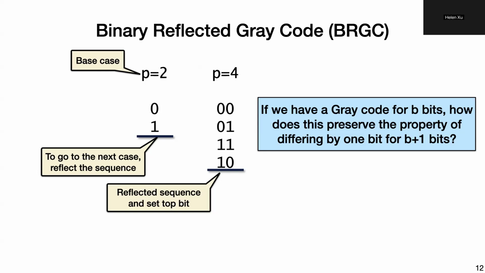But now you need to cover twice the range of the binary numbers. So that's why you set the top bit. Does that make sense? One way to think about it, in general for binary numbers: if you have a way to generate the code for d minus 1 bits, then you copy the d minus 1 bit sequence twice, and half of them have 0 in the top bit and half of them have 1 in the top bit.